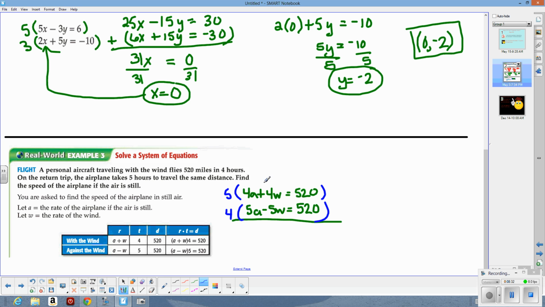So 5 times 4a is 20a. 5 times 4w is 20w. 520 times 5 is going to equal 2,600.